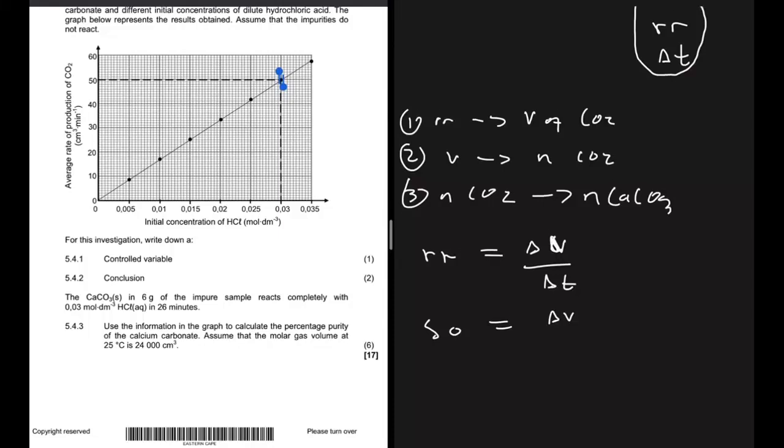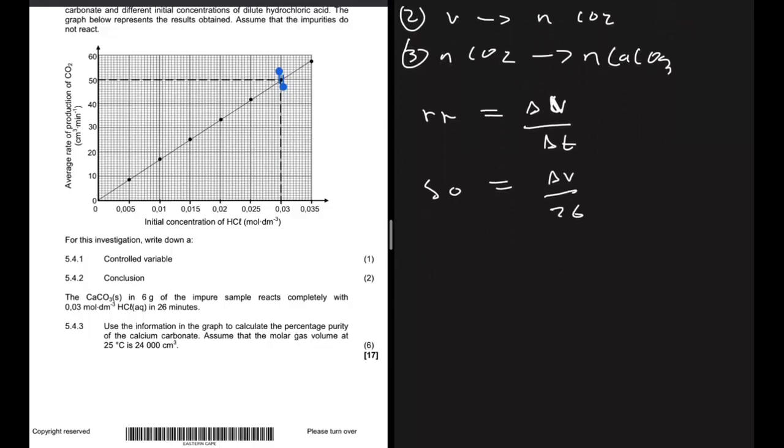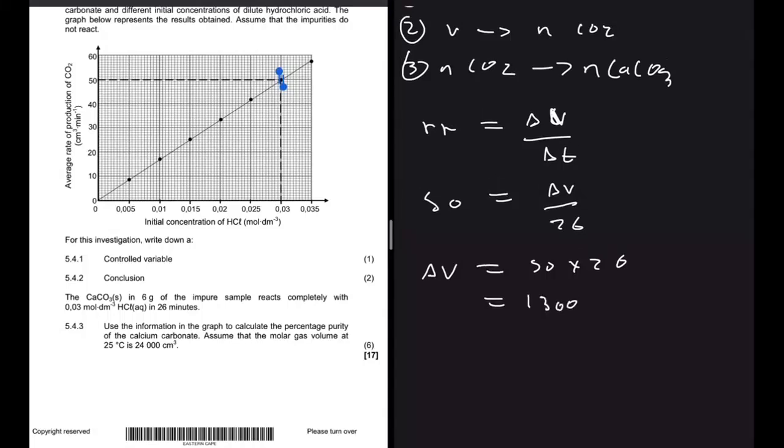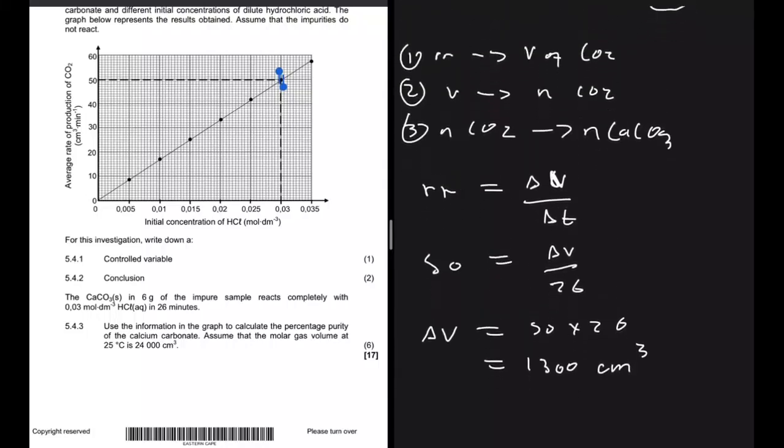We are told that it takes 26 minutes, so we're gonna have 26 here. And then if we cross multiply, we get the volume equals 50 multiplied by 26, that is 1,300 centimeter cube, right?